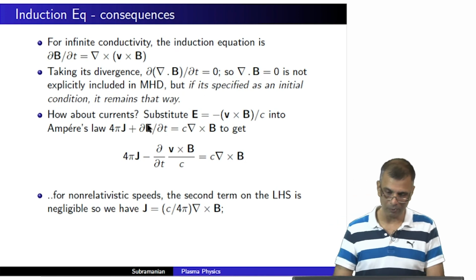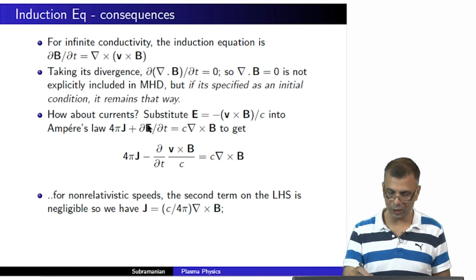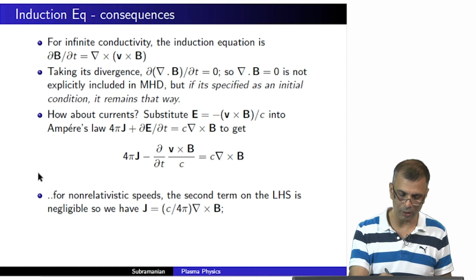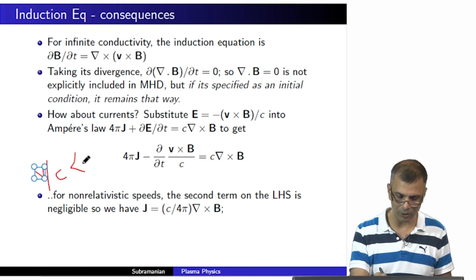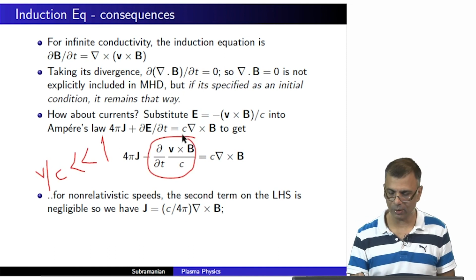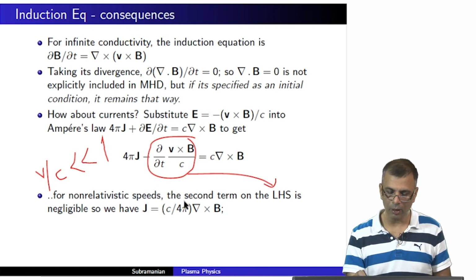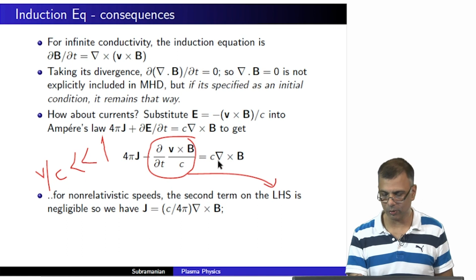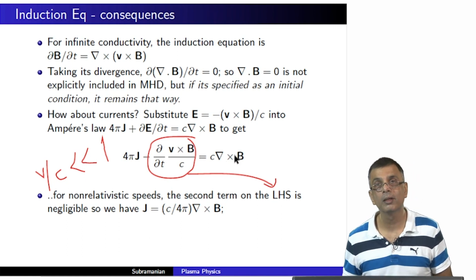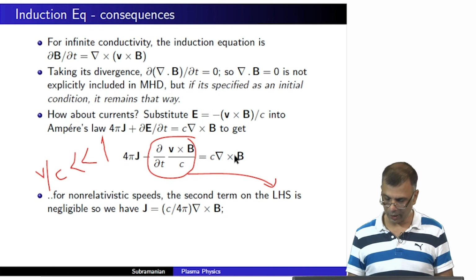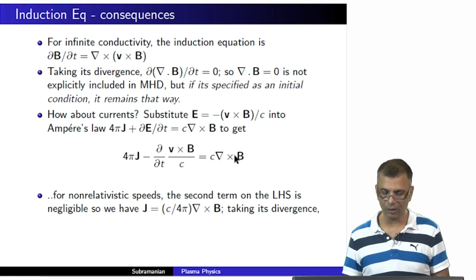Now, for non-relativistic speeds, in other words, for v over c much less than 1, this term is negligible. Therefore, we have J is essentially curl of B.